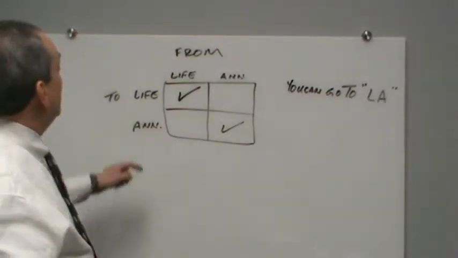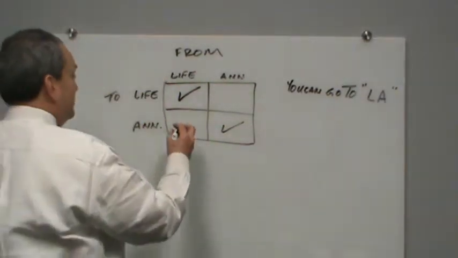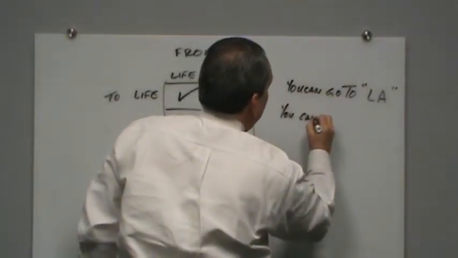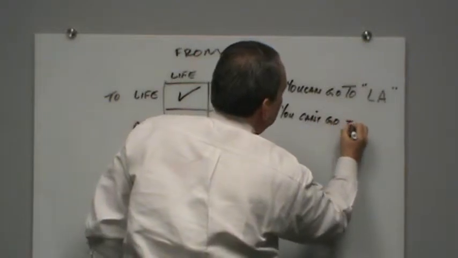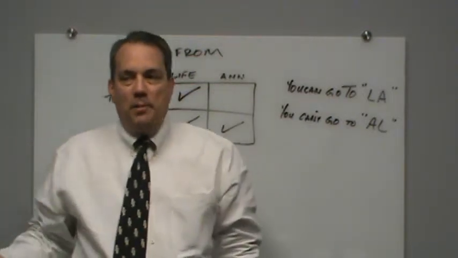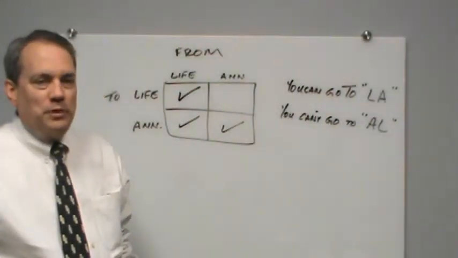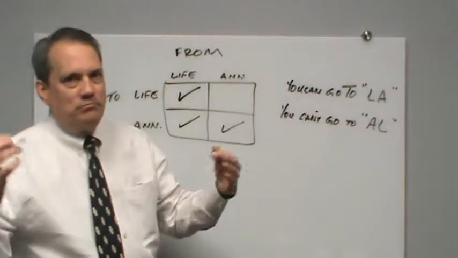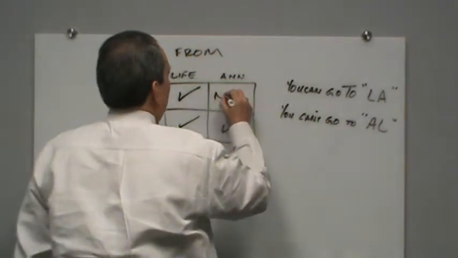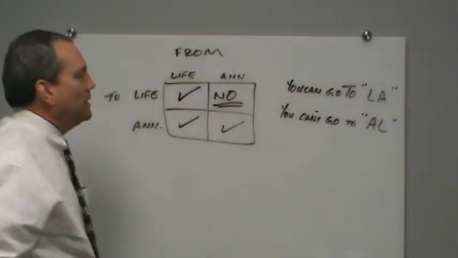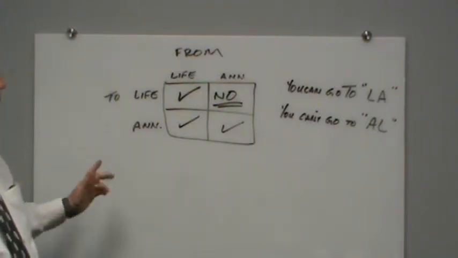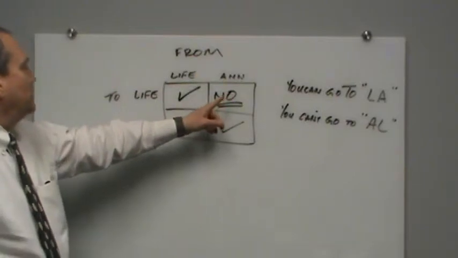So let's see, I can go life to annuity, but we can't go to Alabama. No, can't go down there, okay? Sorry folks in Alabama, love your state, love the Gulf Coast, whatever, but no. Okay? Can't do that. So, like I say, you can go to LA, life to annuity, but you can't go to AL, okay? From annuity to life.